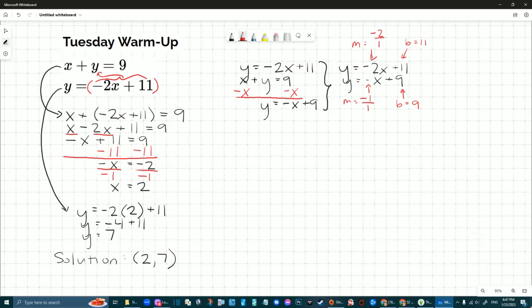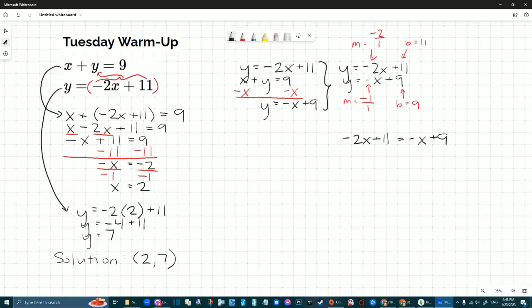So we can graph these equations, or we can use the equal values method. In the equal values method, you would take the right side of both equations and set them equal to each other, because we know that both of these expressions are equal to y. So they must also be equal to each other.